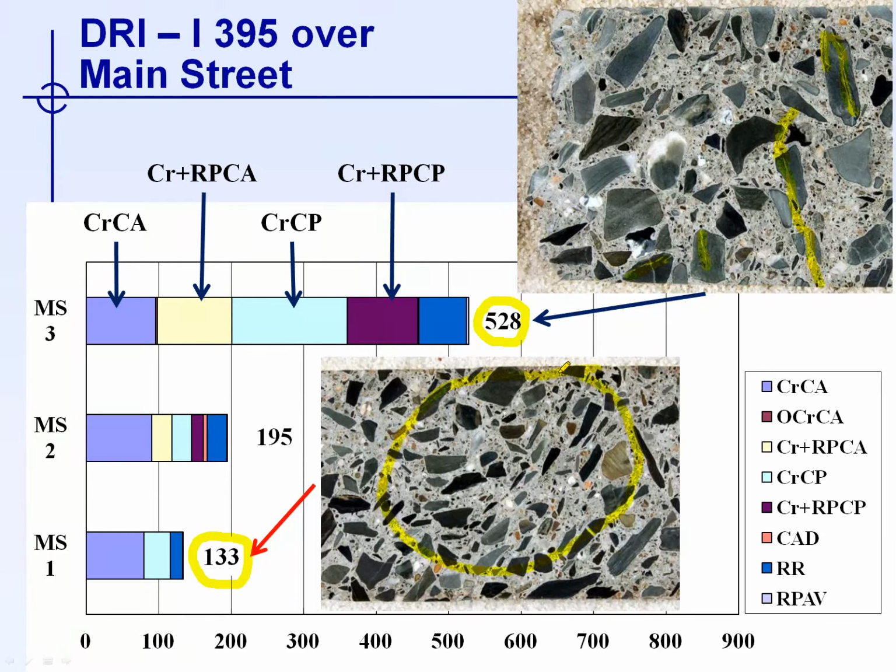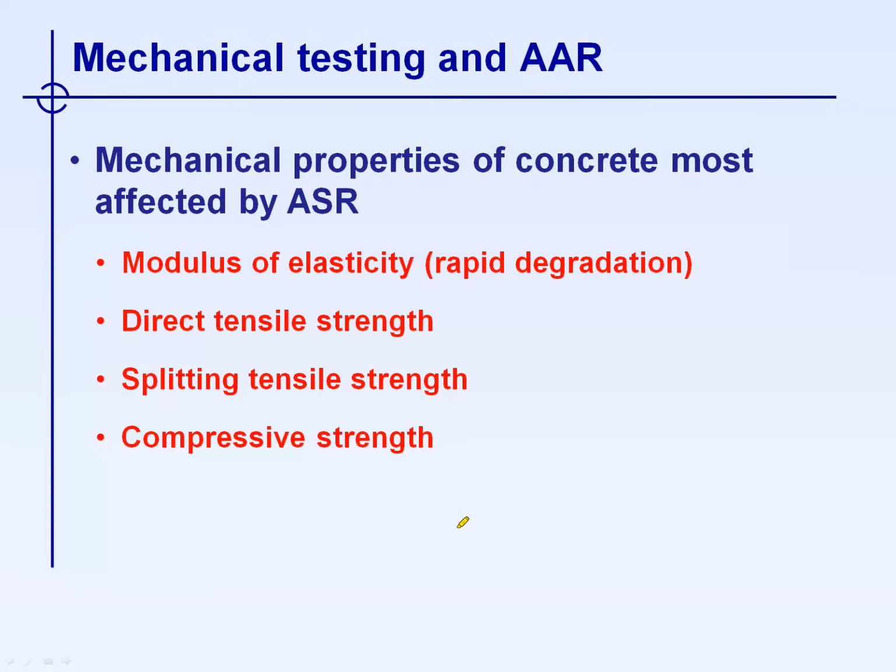But for the concrete that is protected from moisture, you see almost no cracking in the aggregate particles, maybe in some of them, but very little cracking in the cement paste. So having a quantitative tool like this allows us to make a quantitative determination of the difference between those two concrete cores.